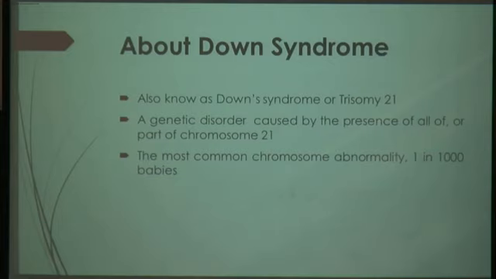Actually, this is not fully correct. It's trisomy. It means that originally we have 2 copies of chromosome 21, but in Down syndrome it will have an extra one, which means it has 3 copies of chromosome 21. So it's the most common chromosome abnormality, and as I said, it's 1 in every 1,000 babies.